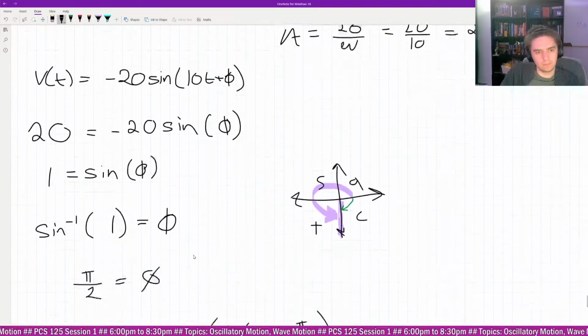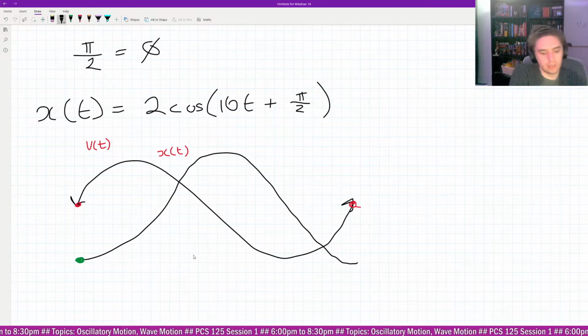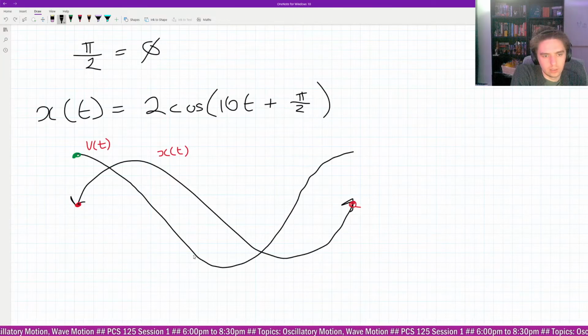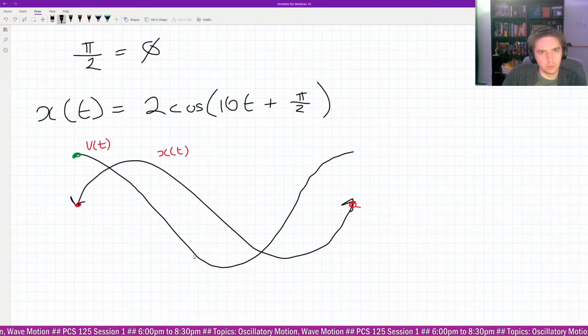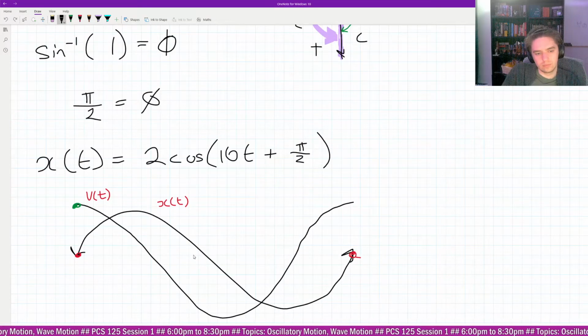So 3 pi over 2 would push the cos over. Let me go back here a little bit. So that's the original. 3 pi over 2 would move it to just be a sine graph, but going upwards, not a negative. We're looking for a negative sine graph or a cos plus pi over 2.